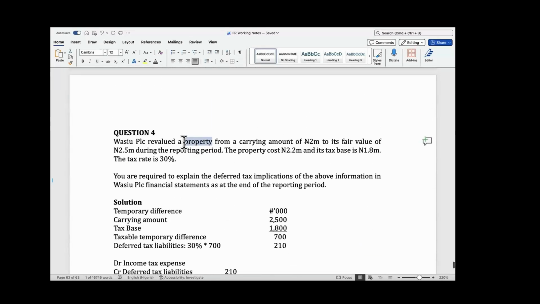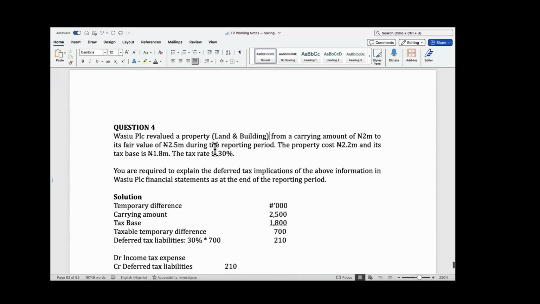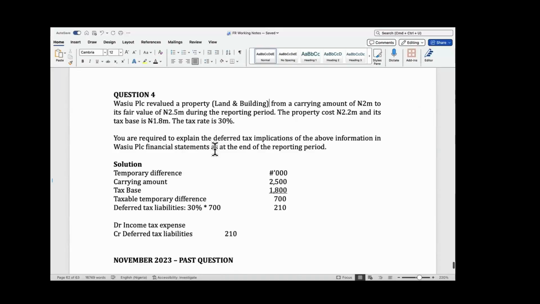Let's assume this property is not investment property, but like a land and building, because if it's investment property, changes in fair value go to P&L. So deferred tax there will go to P&L also. So there's no technicality there.